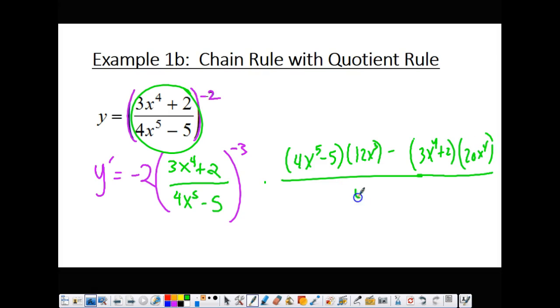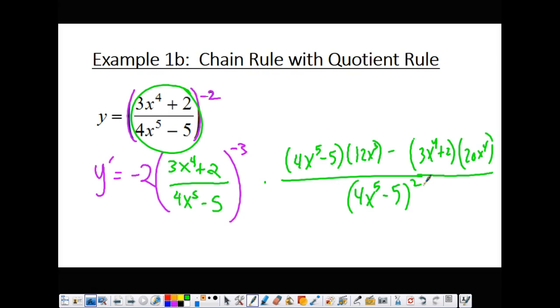Draw a line and square below. There you go. I don't foresee this being simplified in any meaningful way at all. I'm not going to do it. And I wouldn't ask you guys to do that. It's just kind of like a waste of time. So we're going to leave it like that.